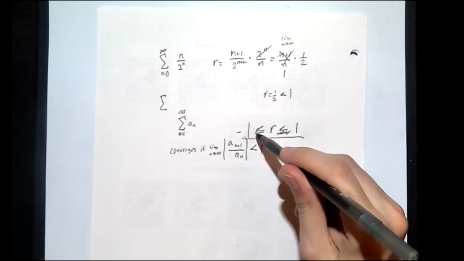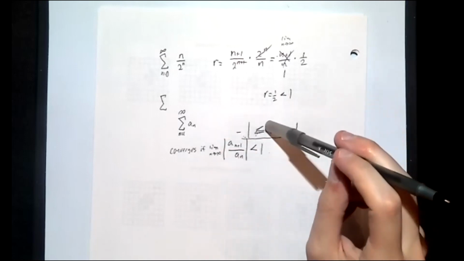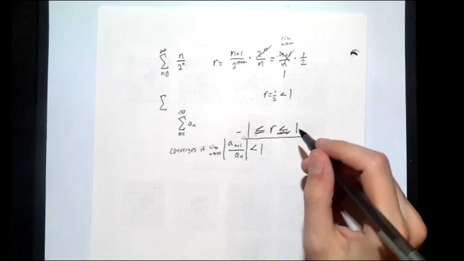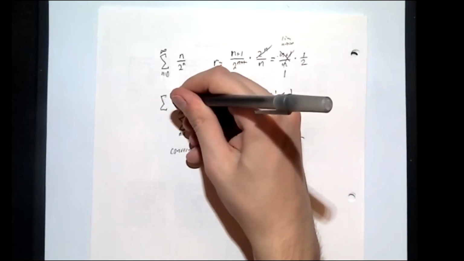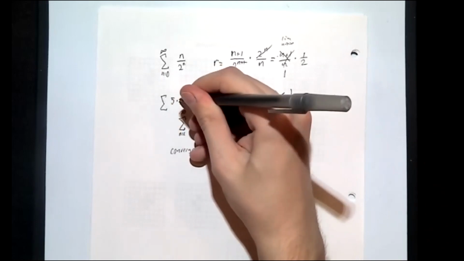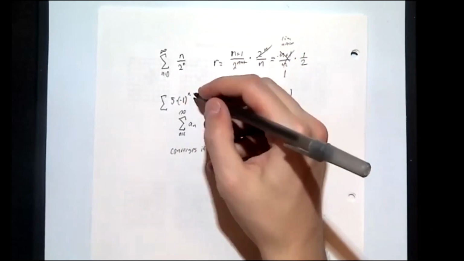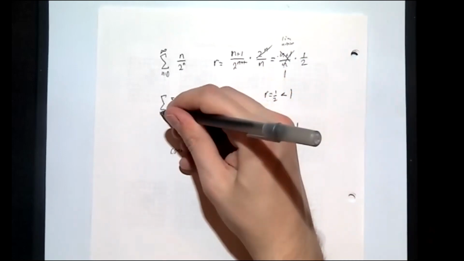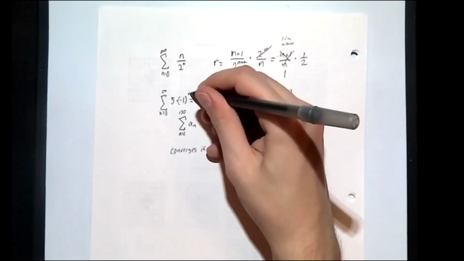Keep in mind, I just put this equal to because oftentimes if it's -1, it is going to converge. The only case where it won't is if you have some constant, like let's say we have 5 times -1 to the n. If we start at n equals 0, this is 1.